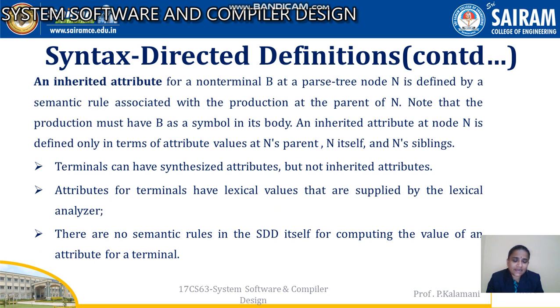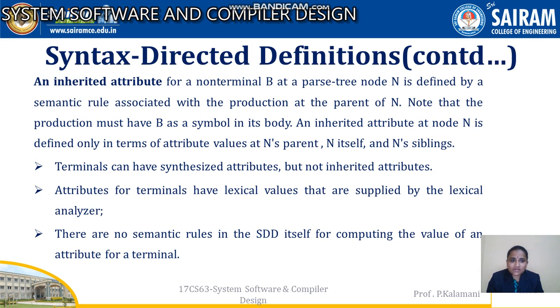Next, we'll see the inherited attribute. It is the reverse of the synthesized attribute. A synthesized attribute is defined in terms of the node itself and its children. An inherited attribute has attribute values at N's parent, its siblings, and N itself.